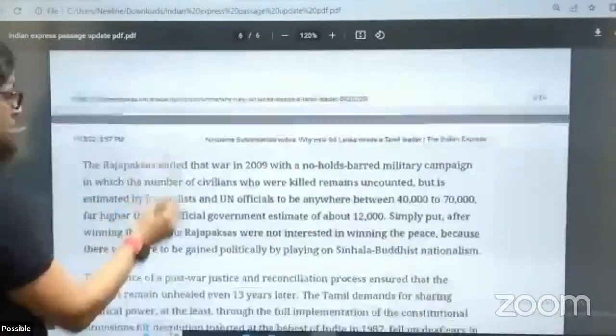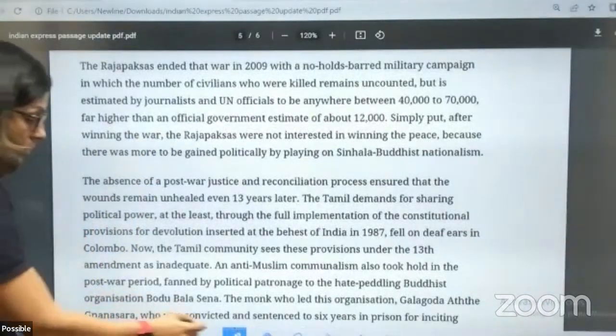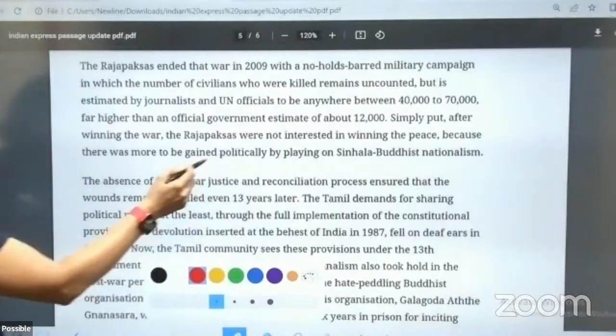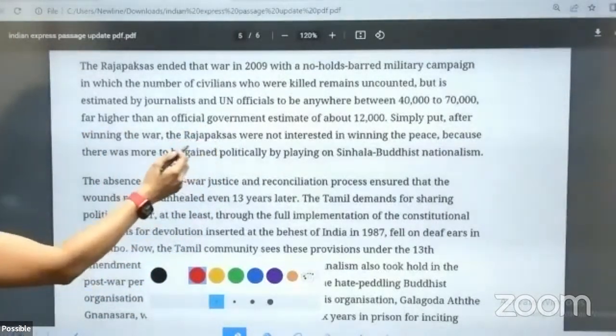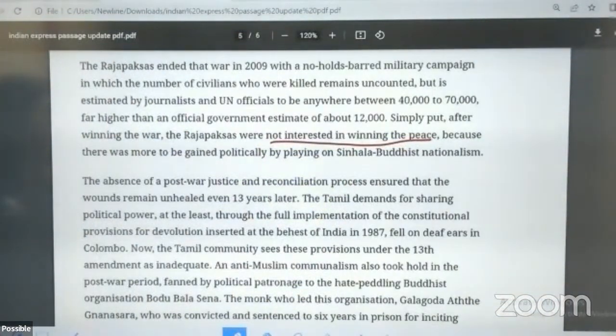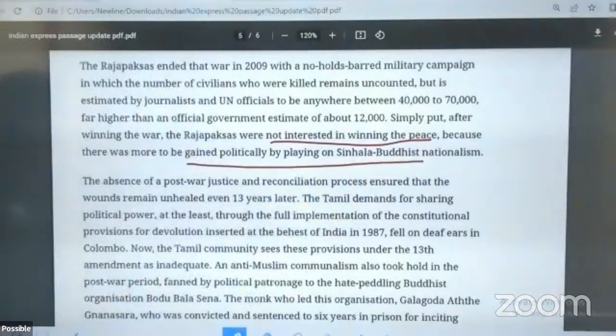Let's go up. That war ended. But what remained in the war was that the Rajapakshas did not win peace, right? Because they wanted to play the majority card. They wanted to talk about Sinhalese Buddhist nationalism.